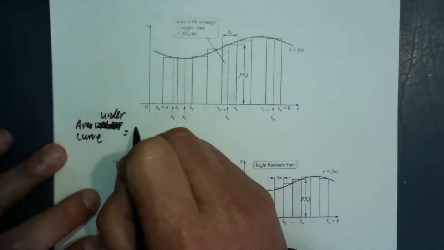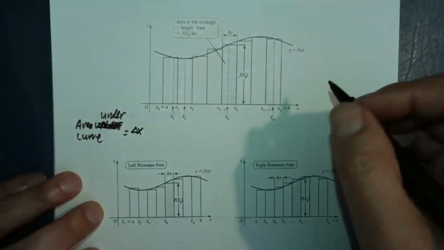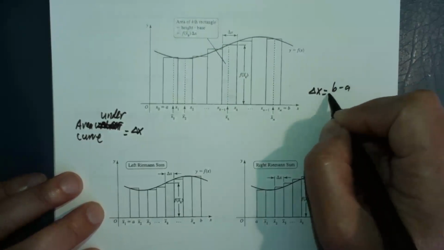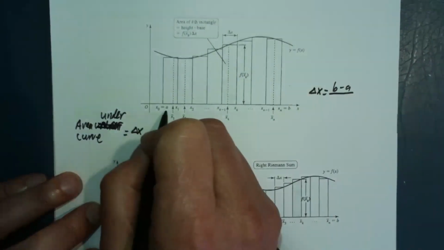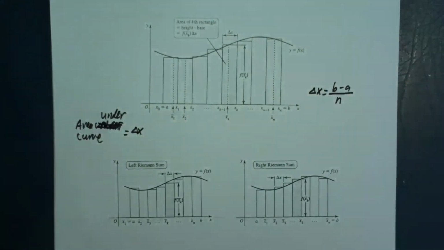And that's going to be delta x, which we'll talk about. Actually, the way you find delta x is going to be b minus a. Those are the endpoints. Here's b and here's a, divided by n. That's the number of partitions that are being asked for.